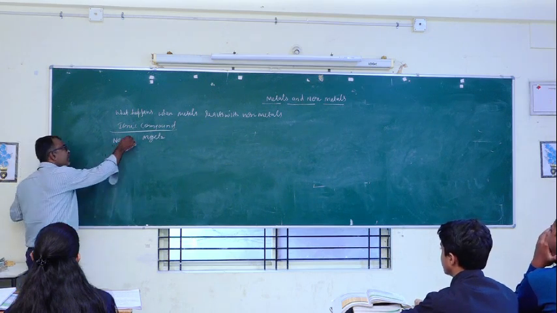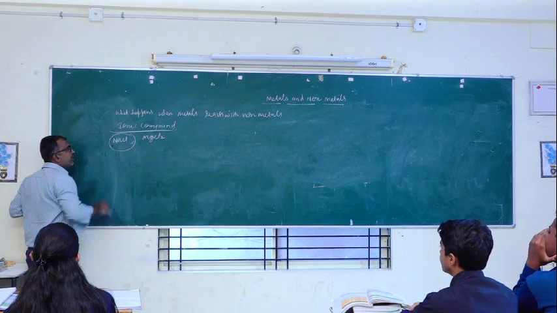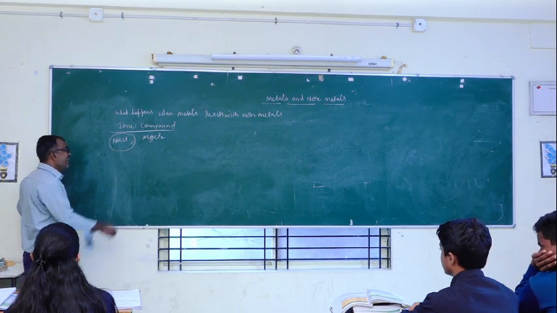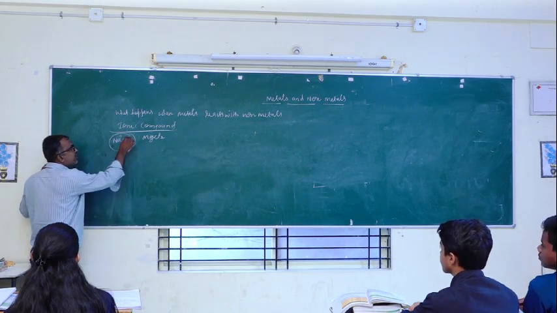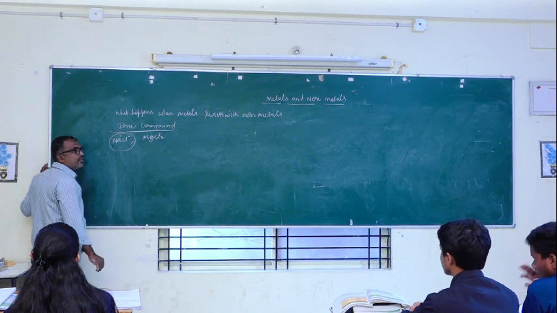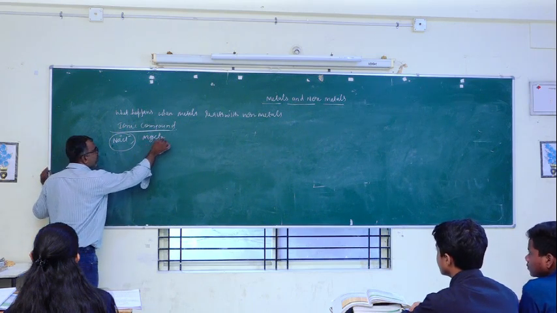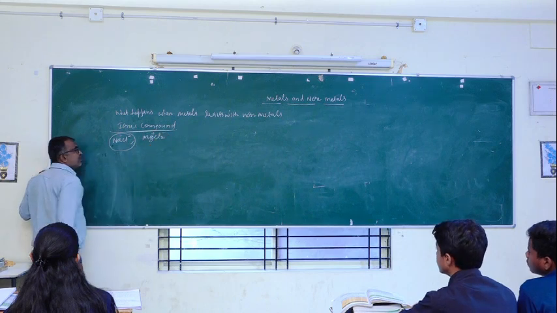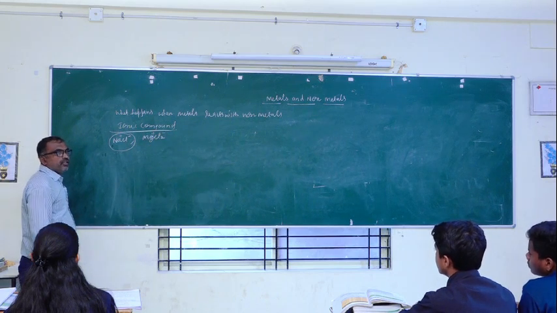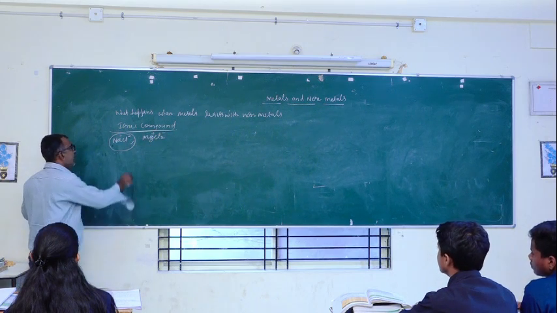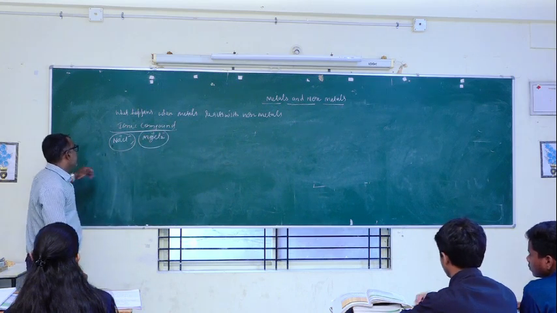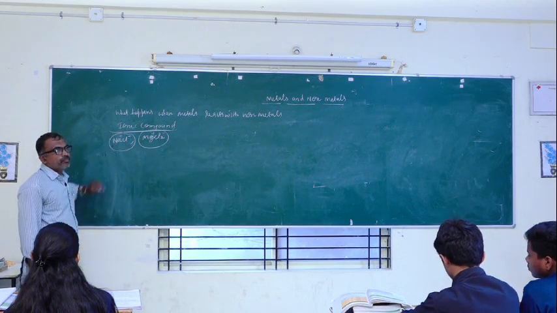In NaCl, which is the metal? Na is the metal, Cl is the non-metal. In magnesium chloride, Mg is the metal and Cl is the non-metal. This is the example for ionic compounds.